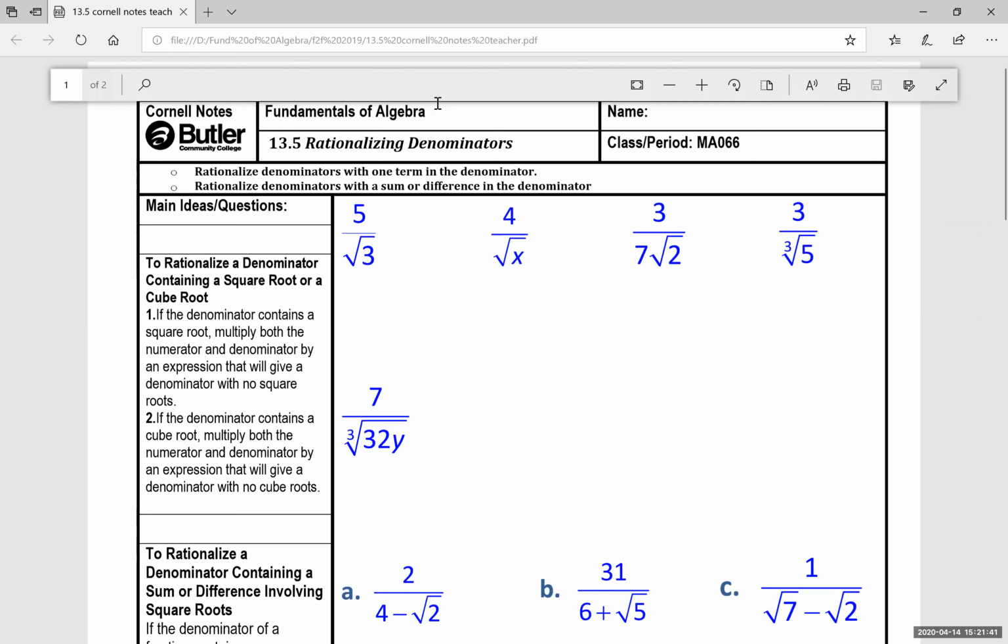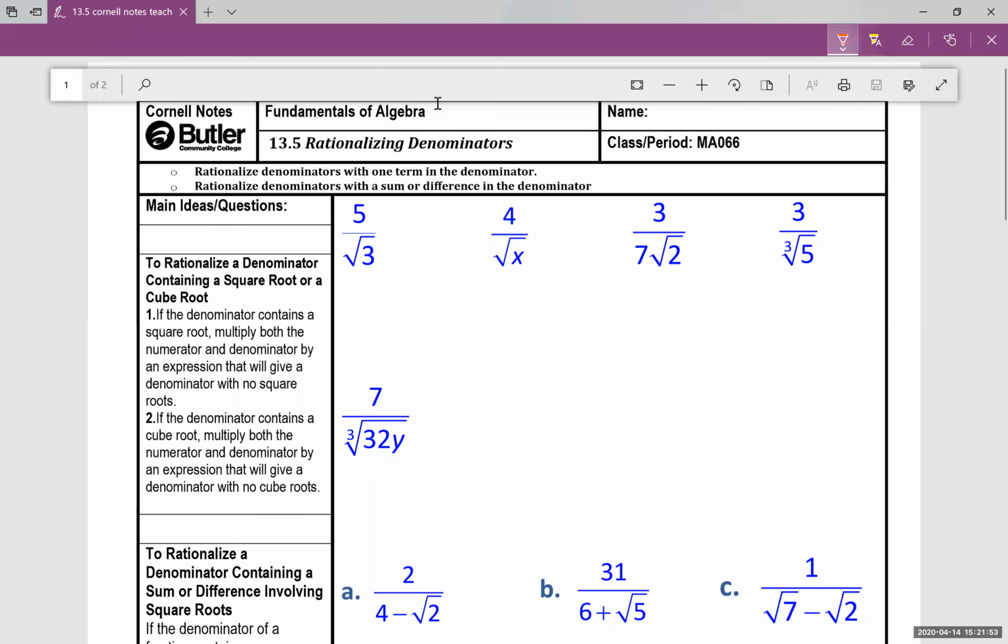It's our very last lesson of this 5 weeks course. And this is called Rationalizing Denominators. Basically, in this lesson, we are going to be rationalizing the denominator. The denominator is the bottom part of a fraction.